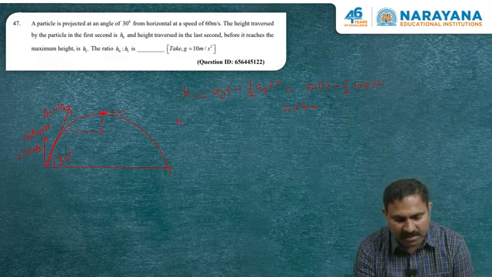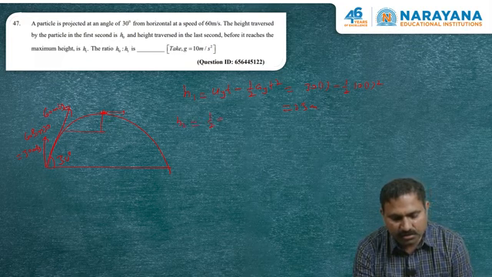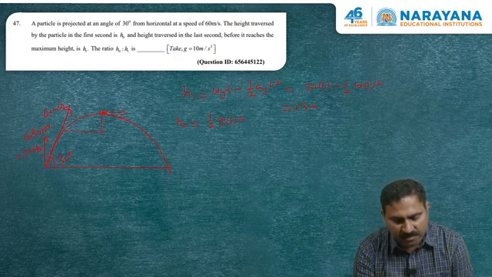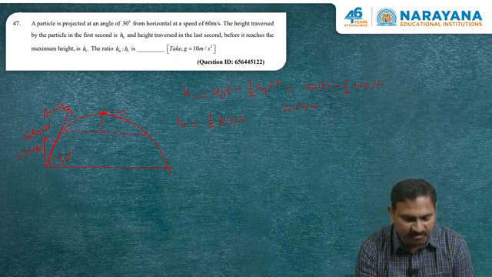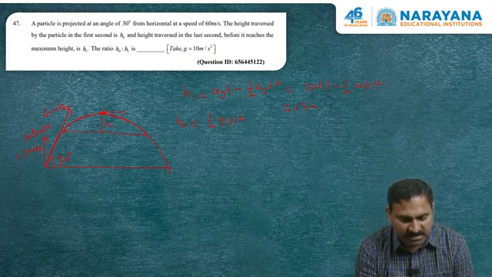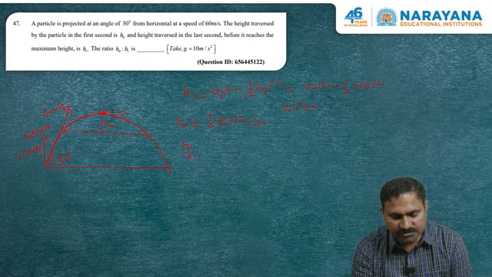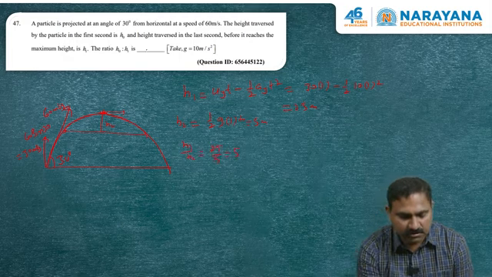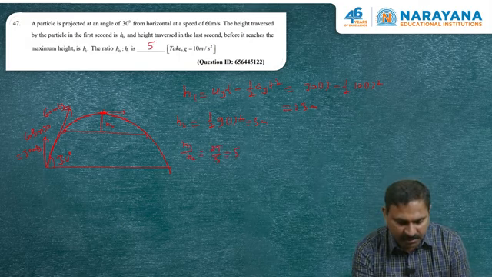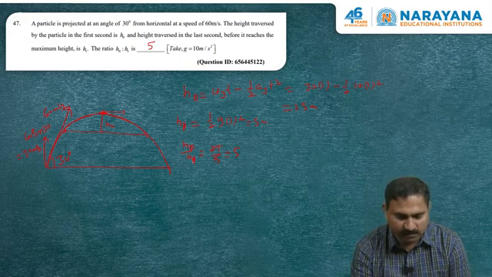So that can be written as h2 equal to simply half g 1 square. The first second from the highest point is the same as the last 1 second while it is moving up. This is h2, so this is simply 5 meters. Now the ratio of h1 by h2 is 25 by 5, which is 5. So here h0 by h1 should be 5.